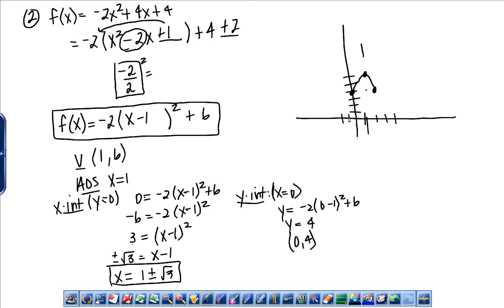I bet it's going to go through here, or this is the 1 minus, and then from here, 1 plus a little bit more is going to go here. And that's just kind of guessing. It's got to be over 1. I don't know what 0.3 is. Well, it's 1.5. So we need to go a little bit further. And that is a good representation of this parabola facing down.